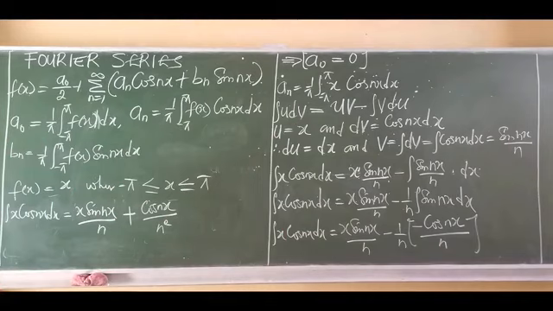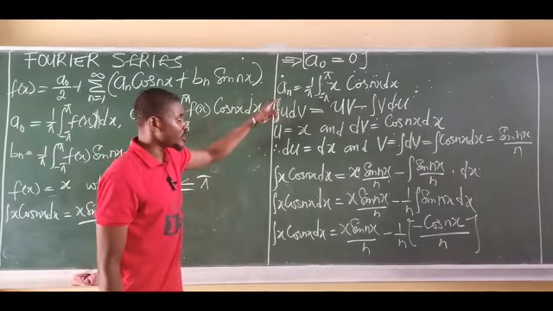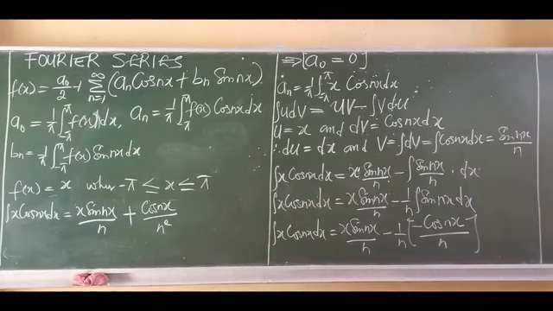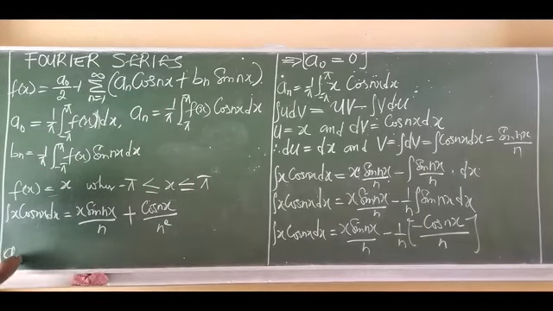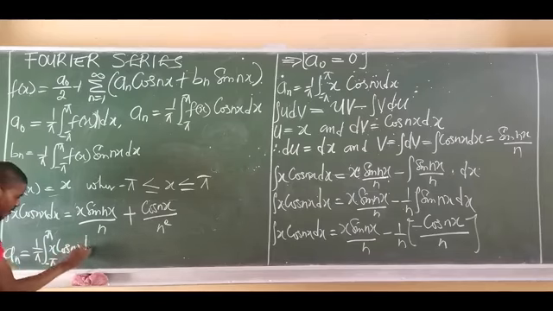So we are done with the integral. At this point, let us effect all the signs that makes up an, which is the Fourier constant. Therefore, an itself is equal to, remember, 1 all over pi, the integral from minus pi to pi of this function x cos nx dx.